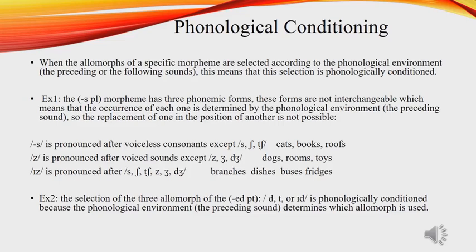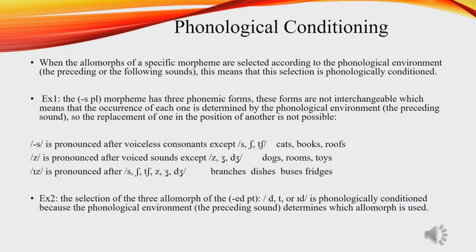So here the allomorph is /s/. We select /s/ because we have voiceless consonants. This selection is phonologically conditioned because we depended on the preceding sound, on the sound that comes before the S plural, and that is why we say that this allomorph of the S plural is /s/ in these words.